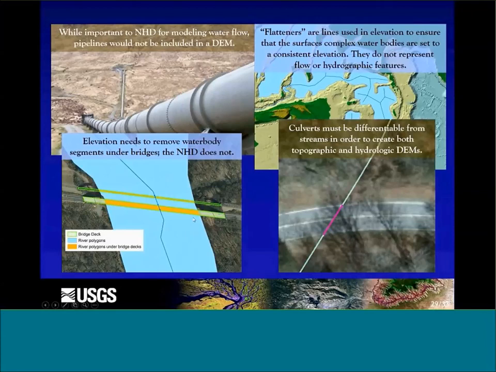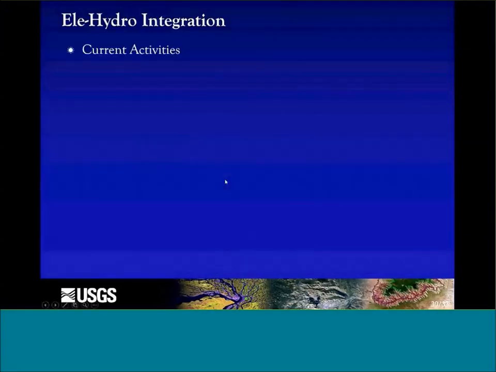The bridge is the actual segment that is the hashed green polygon across it. And likewise, the center line of the river is broken here under the bridge and broken here under the bridge as well. These are just some of the differences topologically between what the NHD's water modeling needs are and what elevation surface needs are.